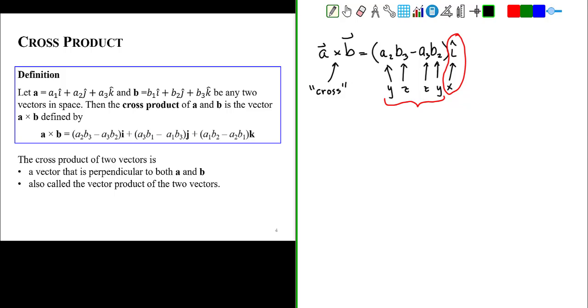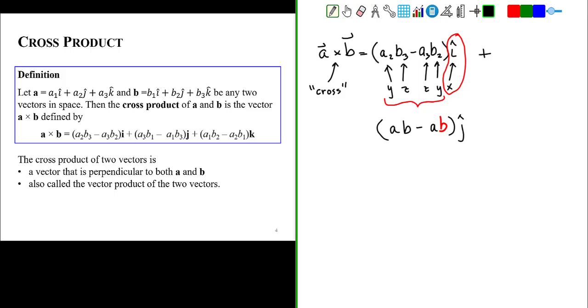For example, if we look at the y component of the cross product of these two vectors, here's the y component. I know we are going to have our first vector and our second vector. This term is going to be a minus. Here's the first vector and the second vector. Well, since this is the y component, those two components inside the parentheses must correspond to the other axes in space.